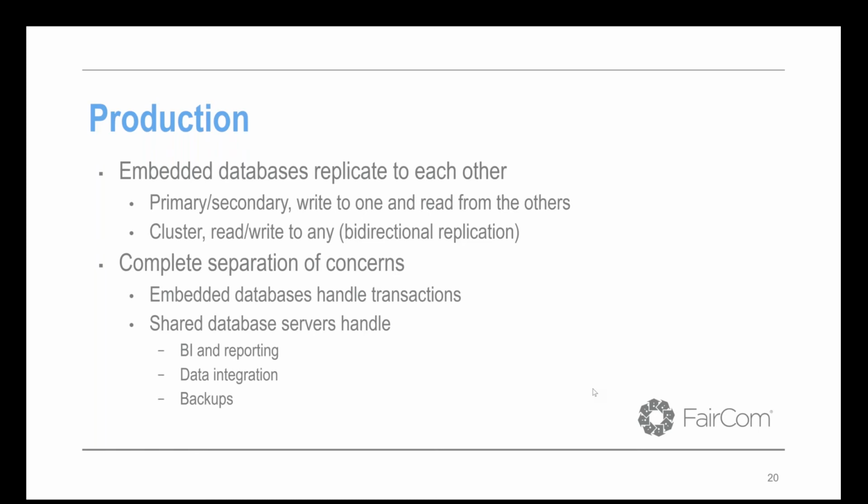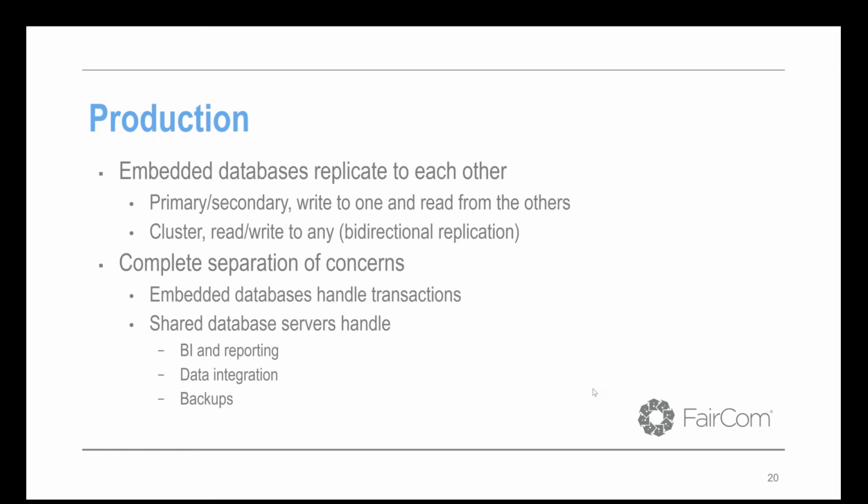You have all those same choices when you're using embedded databases as well. And I think what ends up happening in a production environment is our embedded databases are doing essentially all of the transaction processing. So if you're doing a customer-facing set of microservices, e-commerce for example, all those e-commerce transactions are all happening through the microservices. The database server in the background is probably just limited to things like BI reporting. Backups are another good use case; we don't have to do those on our live microservices.